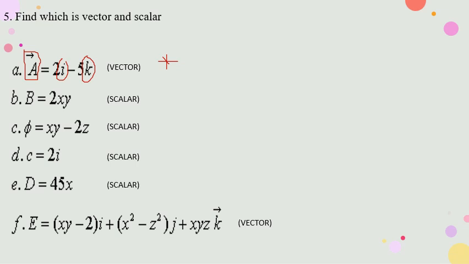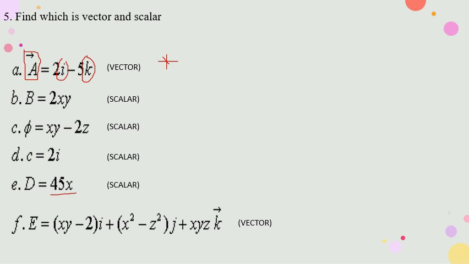So for D here, my answer is scalar, because I thought that D is the symbol for distance, and 45x, where x is only an unknown variable here.